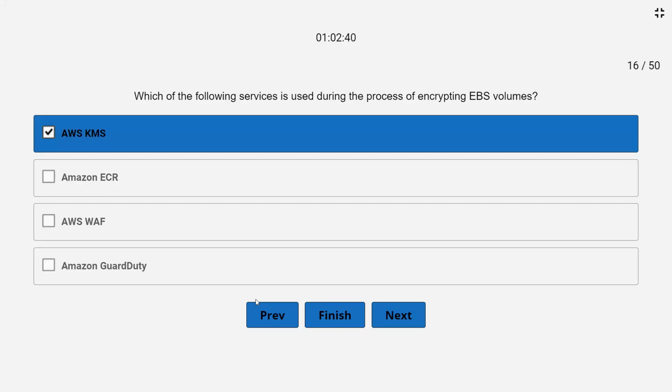The service that handles the encryption is KMS, the Key Management Service. That's what enables you to encrypt your stuff. So anything that has to do with encrypting data is the Key Management Service. There is one also in S3.